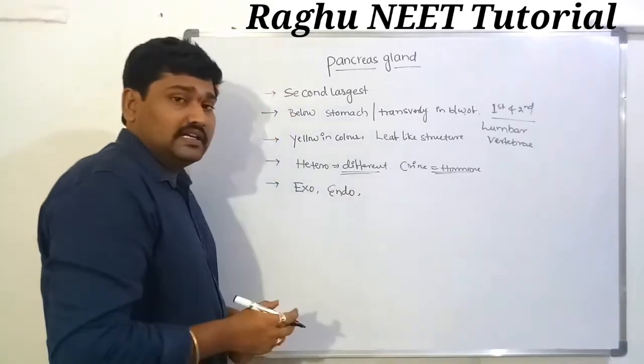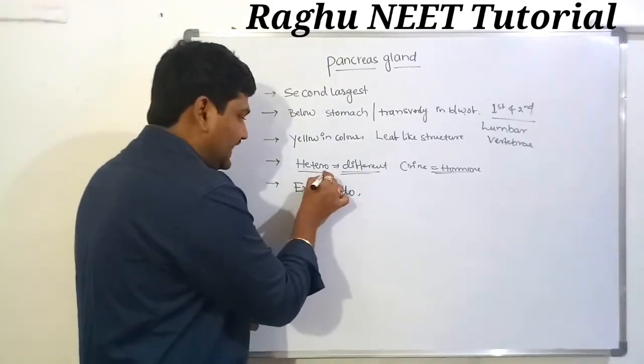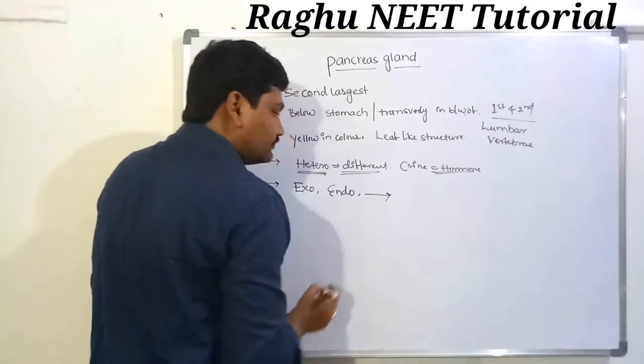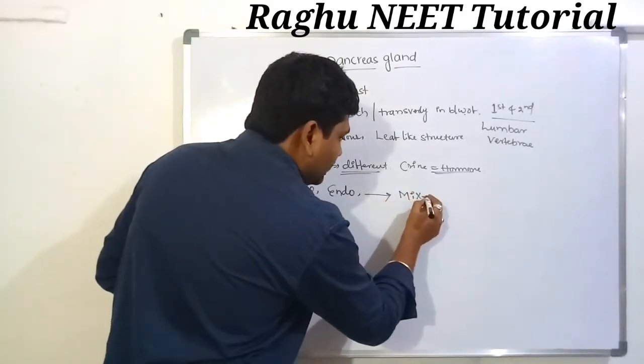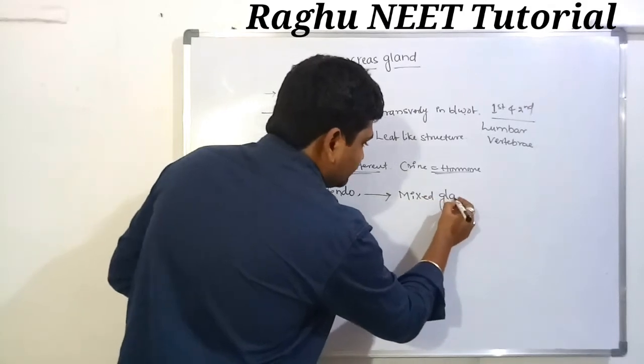So this is called a heterocrine gland, or mixed gland.